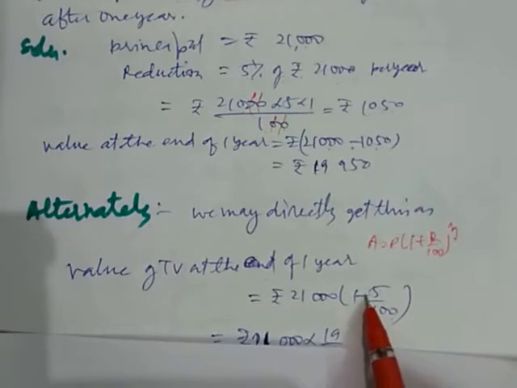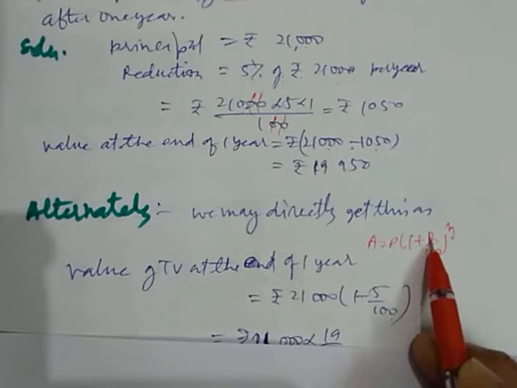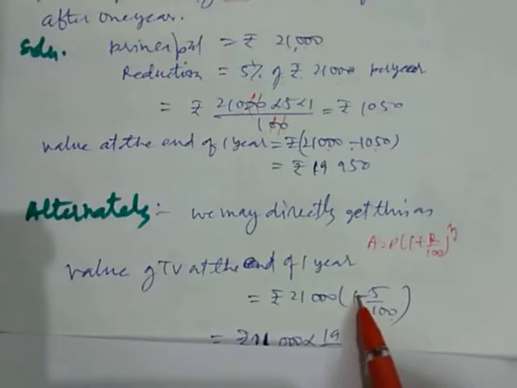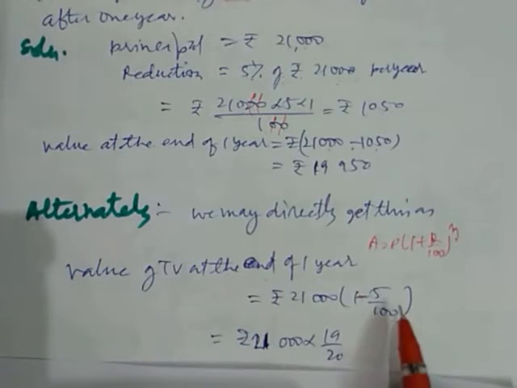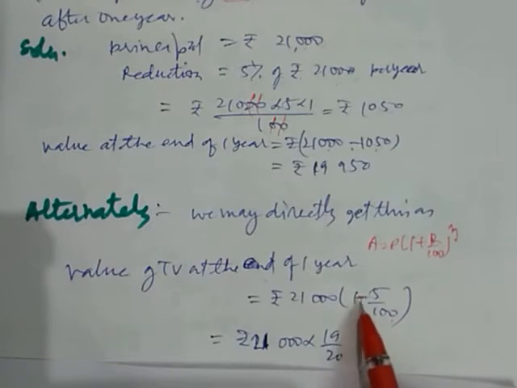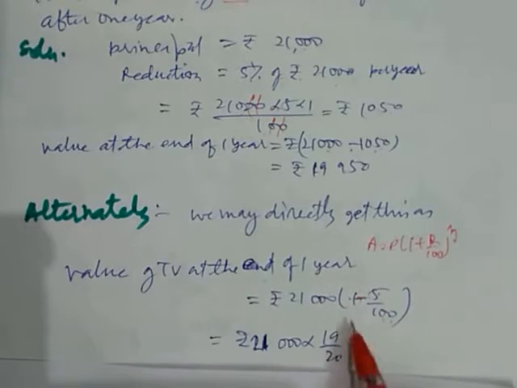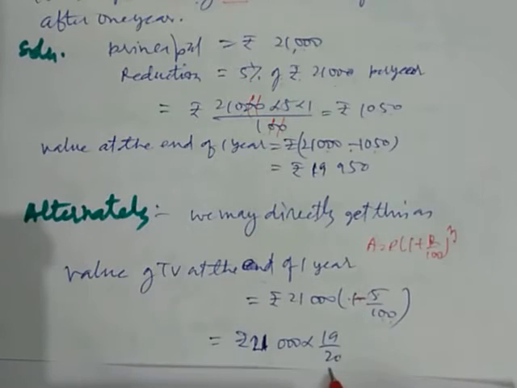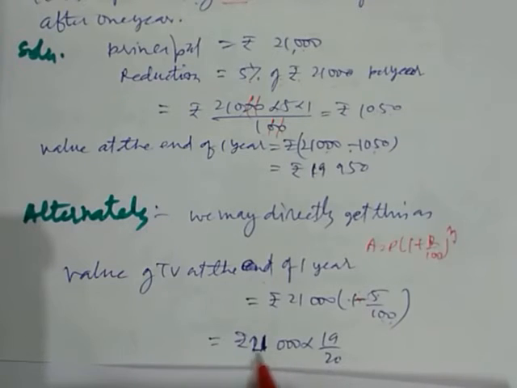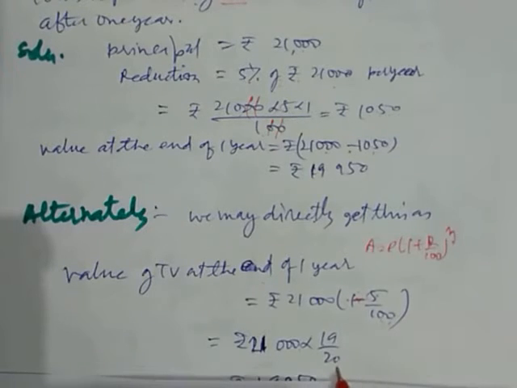Here we take minus because this rate is for reduction, so we consider it as negative. So this becomes (100 minus 5), that is 95 by 100, and by simplifying we get 19 by 20. So 21,000 into 19 by 20.